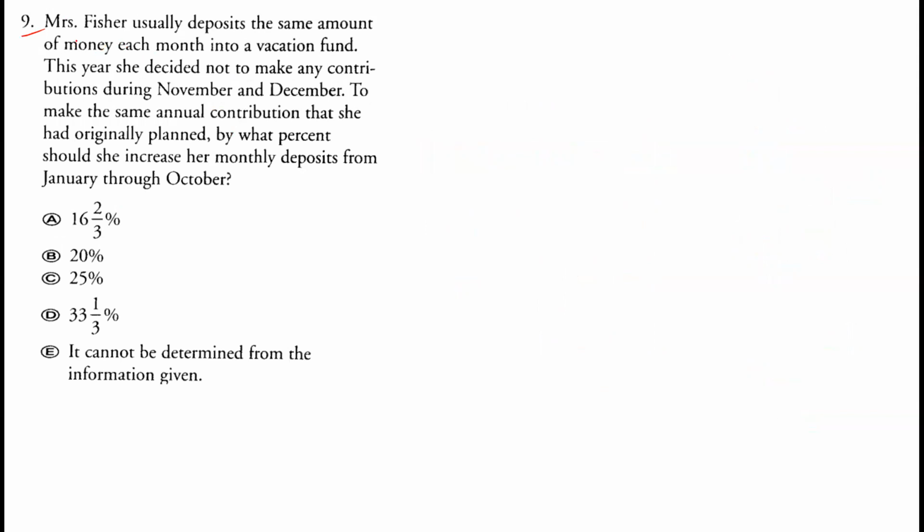Question 9. Mrs. Fisher usually deposits the same amount of money each month in a vacation fund. So let's suppose you deposit $1 each month. After 12 months, you must have $12. Now this year she decides not to make any contribution during November and December.